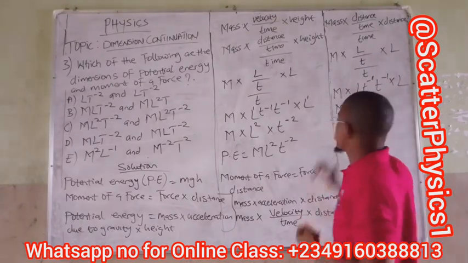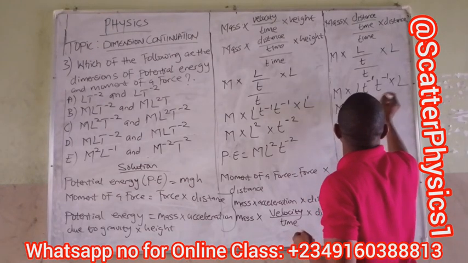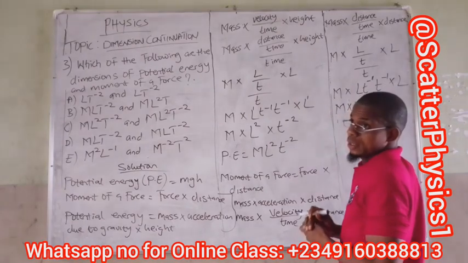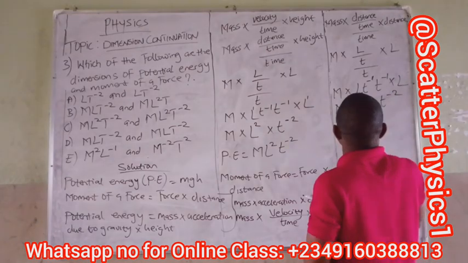L and L give us L to the power 2, and minus 1 minus 1 gives us T to the power minus 2.